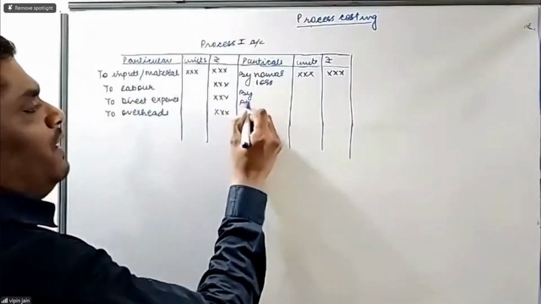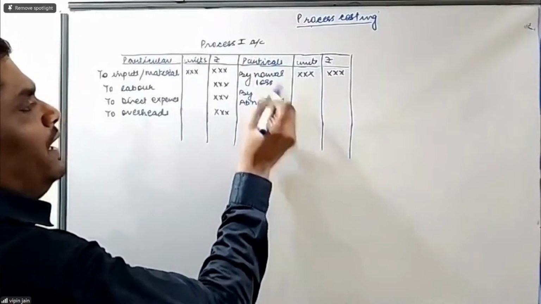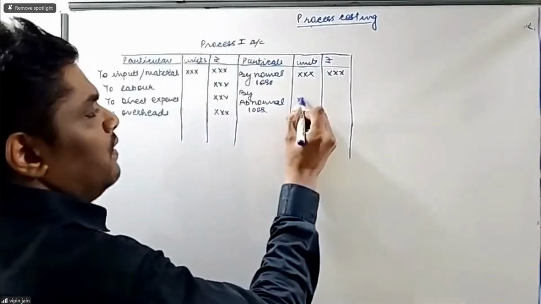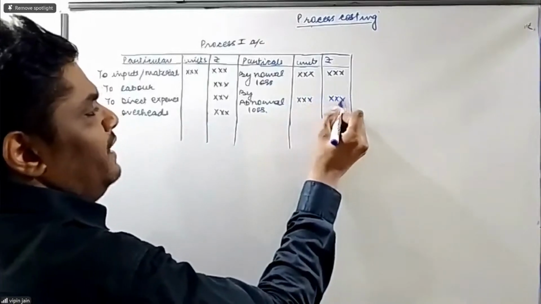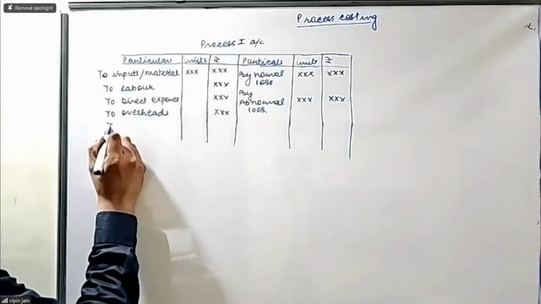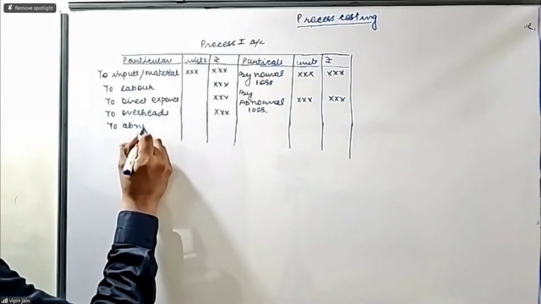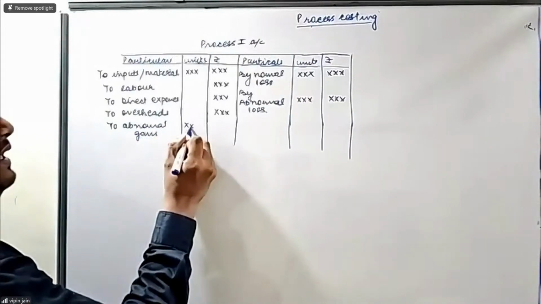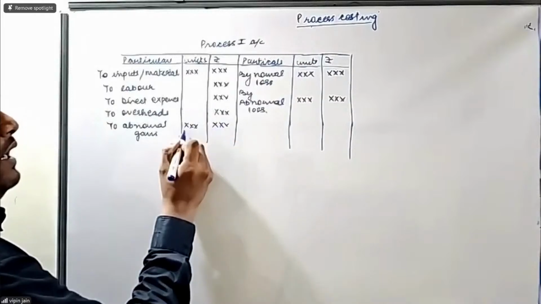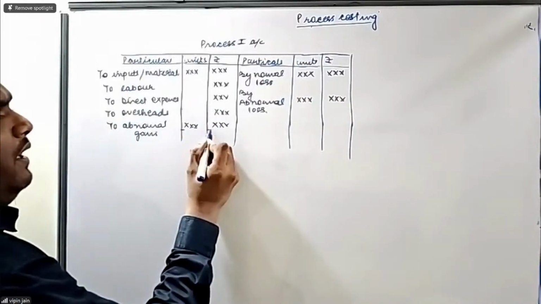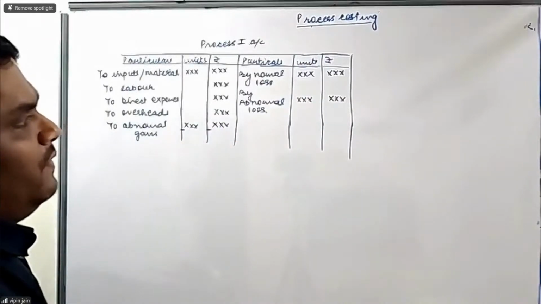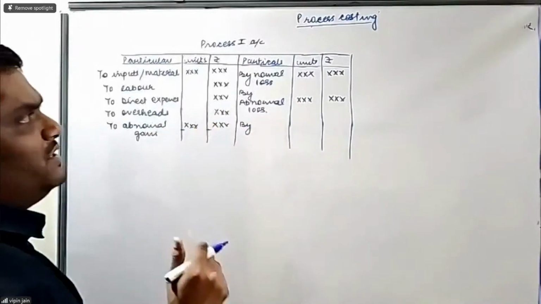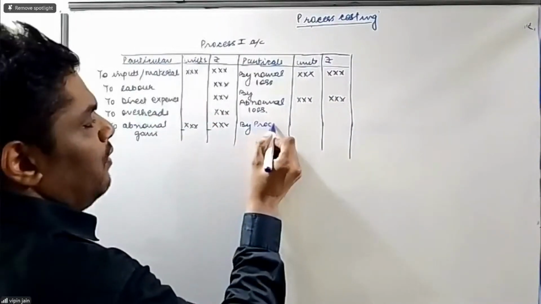If any extra loss is there over and above normal loss, we'll write abnormal loss, and we'll write the value of abnormal loss. If abnormal gain is there, we'll write abnormal gain separately here, the number of units of abnormal gain and the value thereof. And after all this, we'll write the final output that is transferred to process second.